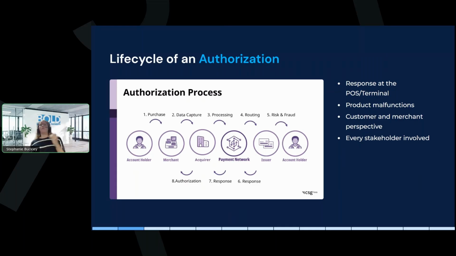And then once we get either an approval or decline, that response will pass through all of the areas it's already gone through and return to the terminal and give us the response that we're looking for. So there are several areas within that first process where a customer or a merchant can experience some sort of delay or decline or rejection.